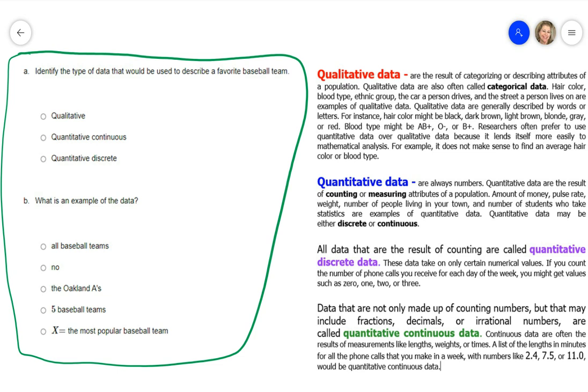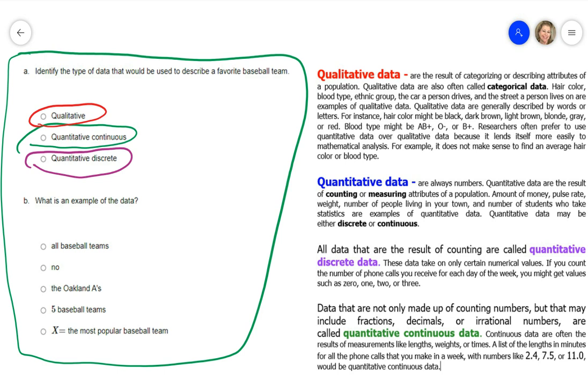Anyway, so if I read the definition, qualitative data, let's see, color-coded. Qualitative data I did in the red. Quantitative continuous I did in green. And then the quantitative discrete I highlighted in that purpley color, which is as close to purple as I'm going to get.